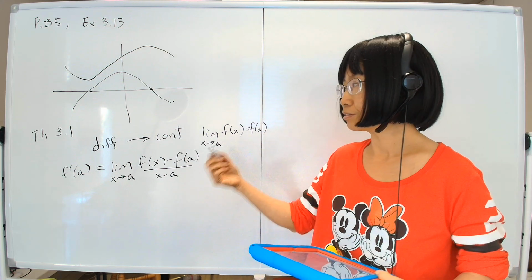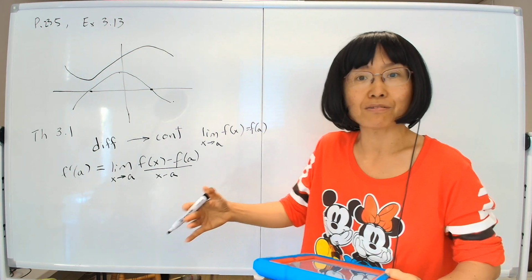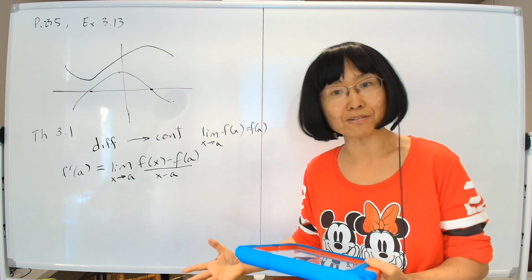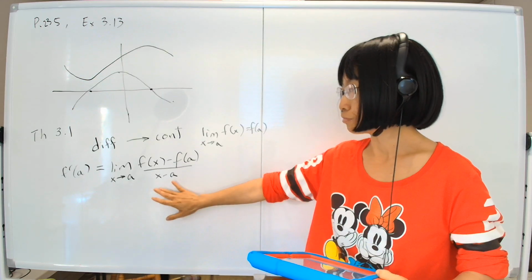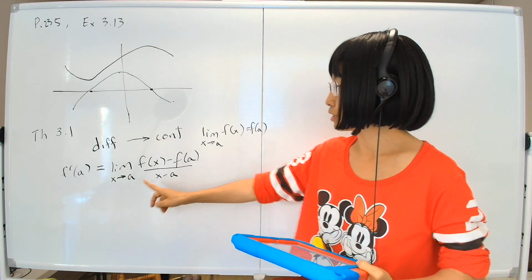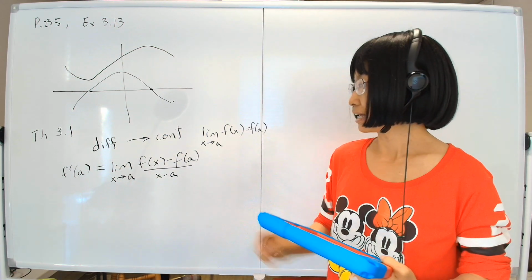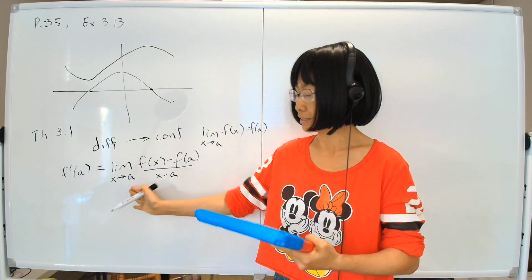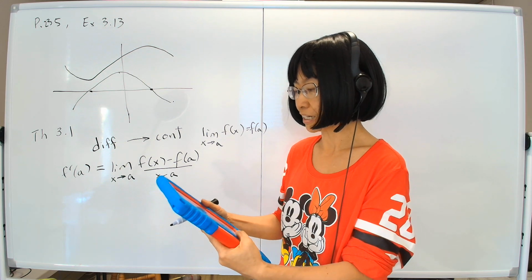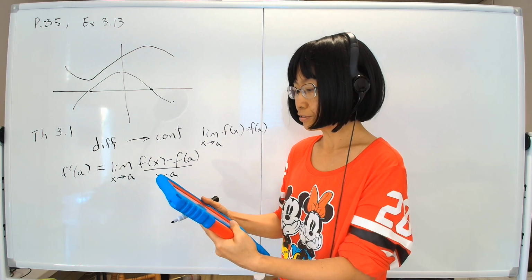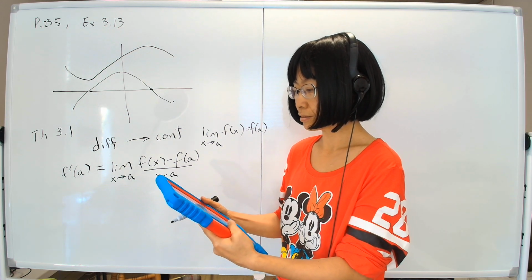So first, when you do a math problem or proof, you have to figure out, what am I doing here? What is the goal? You have to first figure out what you're trying to prove. So this is what we're trying to prove right here. We have to go from here to here, and that's what we're going to do. So starting here, we're going to pull a very simple trick.